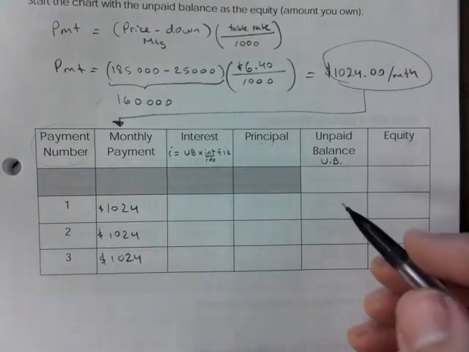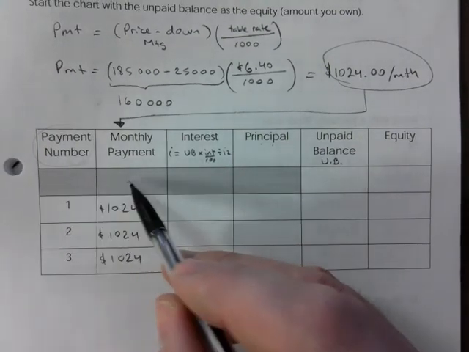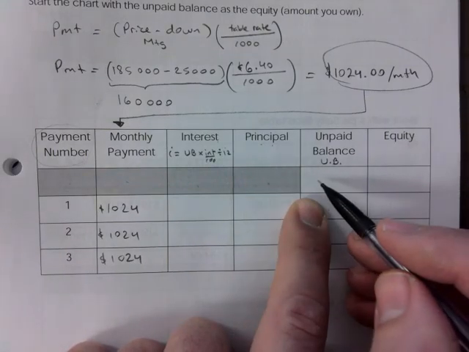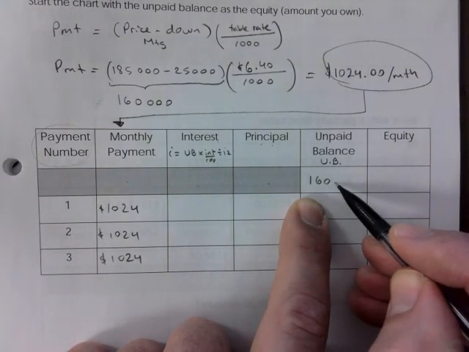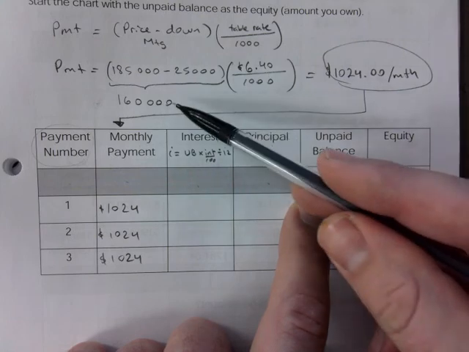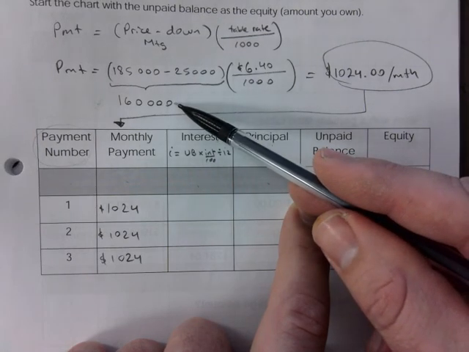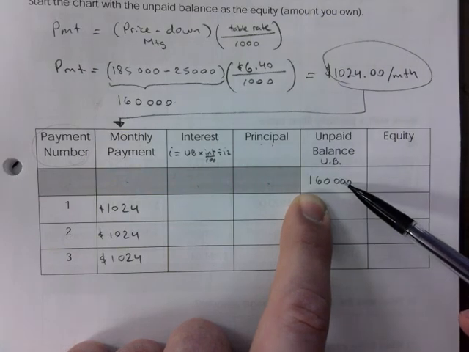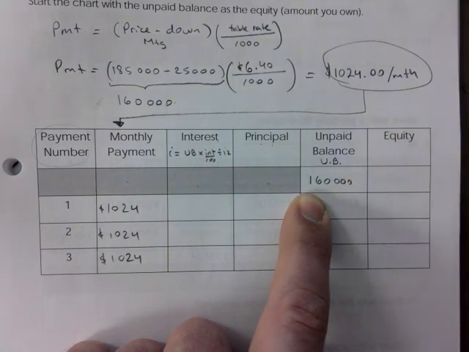Our first row is blocked off here, but at the very beginning, your unpaid balance is 160,000. That's what we determined way up here already when we subtracted the down payment from the value. So at the beginning, you owe this much.